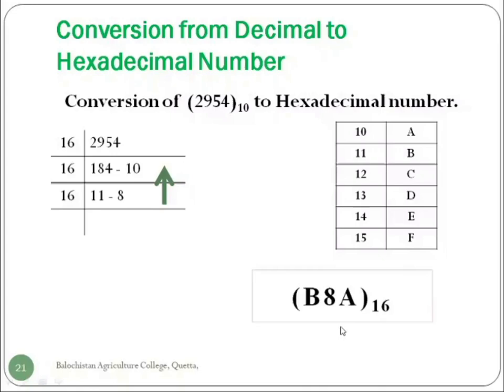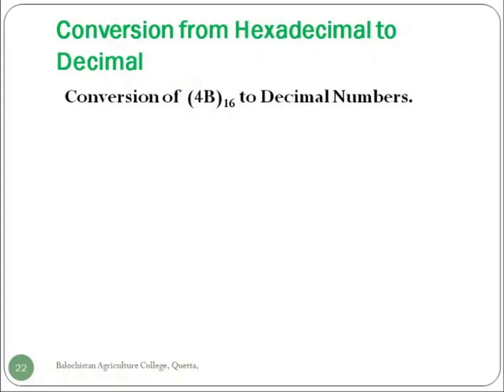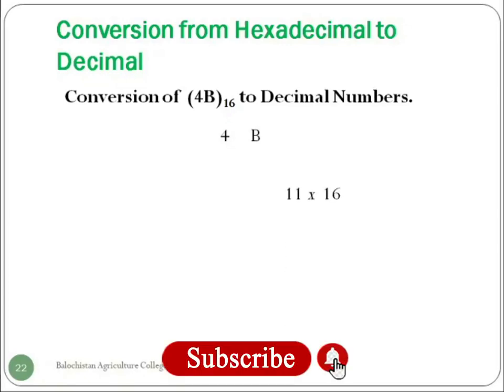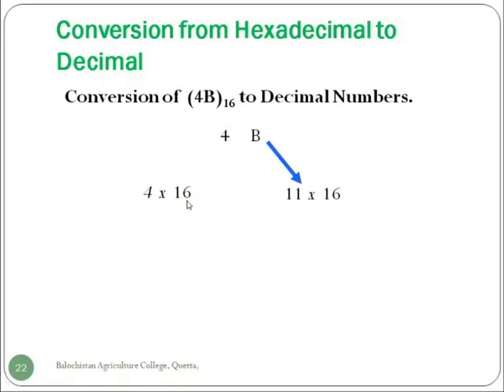Now we will convert a hexadecimal number to the decimal number system. We have the following hexadecimal number. Now we will convert this hexadecimal number to a decimal number, and for that each digit of the number will be multiplied by 16. So 16 multiplied by 11, 16 multiplied by 4. The second step is to put power on 16 starting from 0.